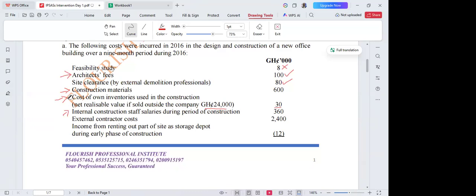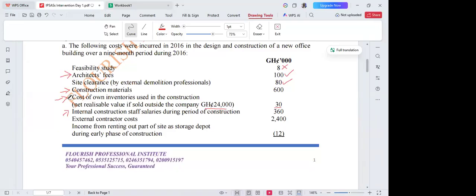Kwesi, has your mind changed? No, the mind has still not changed. Hey, my people, please convince Kwesi for me. Transport, your hand is up. Okay, sir. So we consider it because they are directly attributed to the construction of the asset.